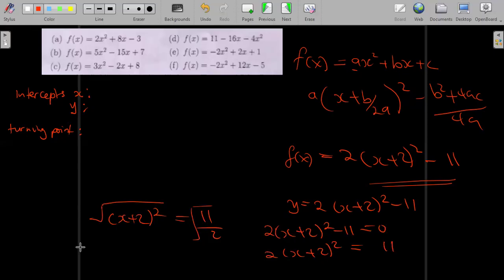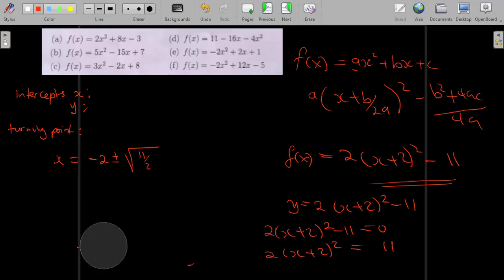I can get the square root on both sides. Then I have x + 2 equal to plus or minus the square root of 11 over 2. I cannot simplify this without using a calculator, so I just leave it the way it is. I take the negative 2 to the other side, I get x equal to negative 2 plus or minus root 11 over 2.